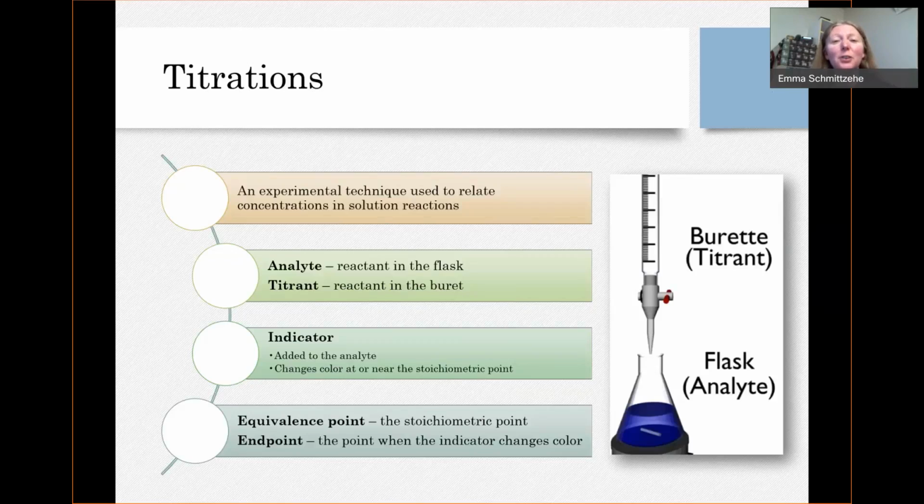If you choose a good indicator for your reaction, then the end point should be the equivalence point or very close to it, at least to the accuracy we're measuring things. So a lot of people will just interchange those terms. When you hear equivalence point or end point, think stoichiometric point. That means my reactants are in the ratio that the balanced chemical equation tells me they need to be in. That's all the terminology associated with titrations.